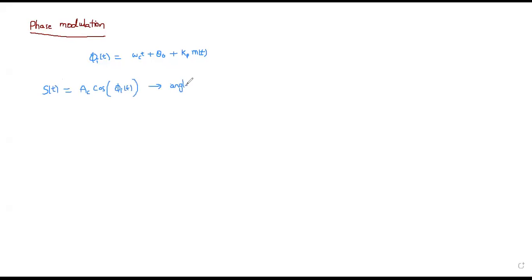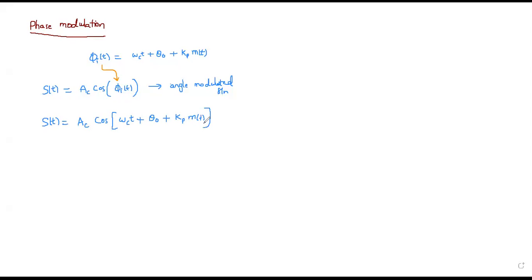So here I have to plug in this phi I of t. What do we get? We get S of t is equal to AC into cos of omega ct plus theta naught plus kp into m of t.